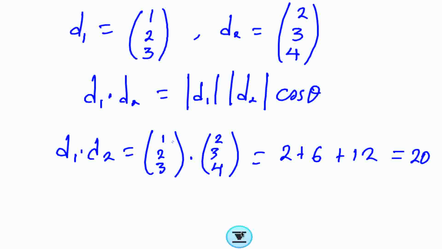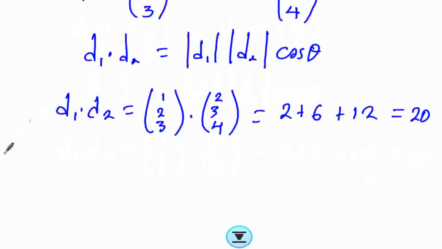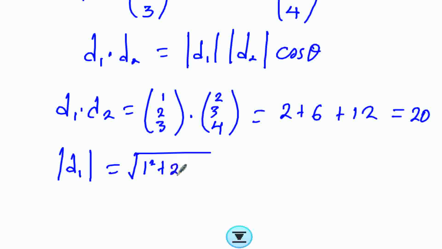Then we find the magnitude of those vectors. The magnitude of d1 is the square root of 1 squared plus 2 squared plus 3 squared. So this will be the square root of 1 plus 4, 5, plus 9, 14. That is the square root of 14.